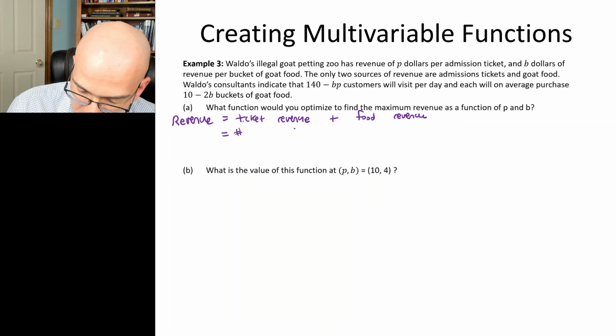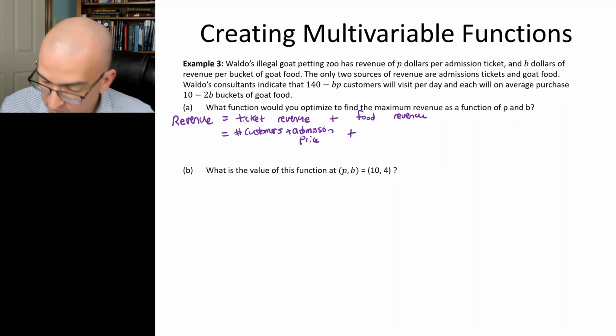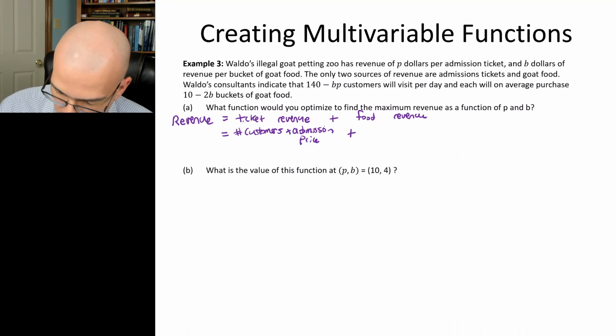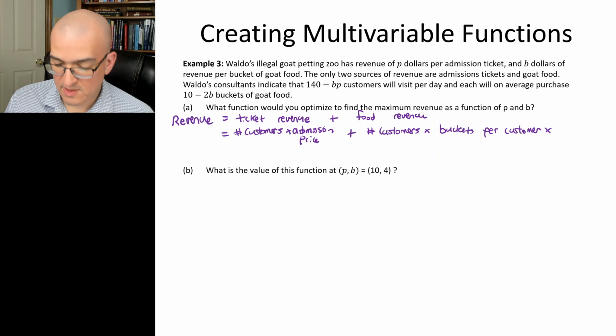I'll put number of customers times price of admission, I should say. And then the food revenue is going to be equal to the number of customers times buckets per customer times price per bucket.